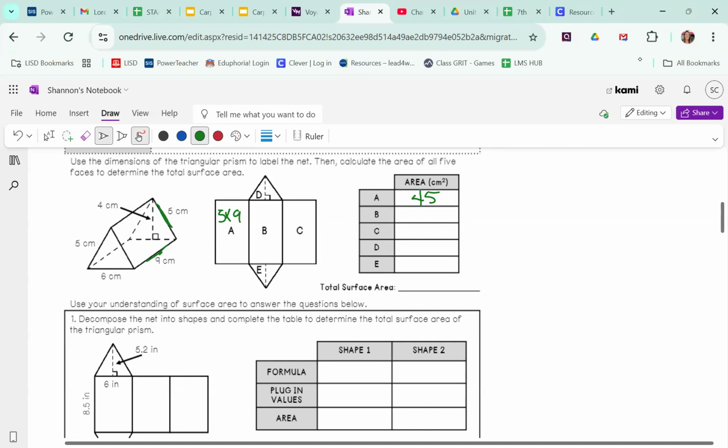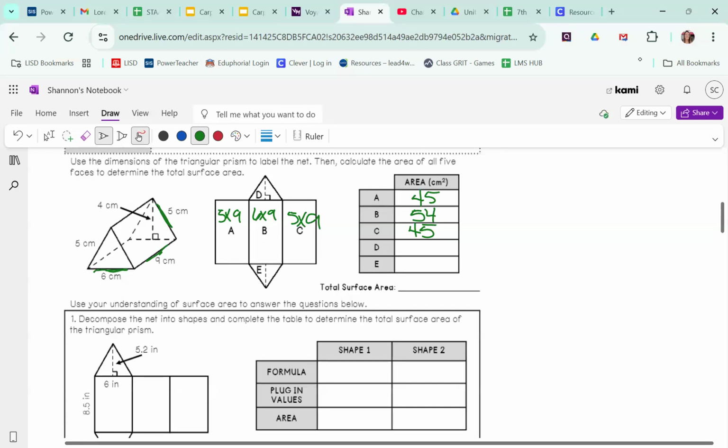Okay, B would be the base, so it would be 6 times 9, which would be 54. And then C would also be 5 times 9, which is 45. And then D and E are going to be the same because those are your bases for this triangular prism.